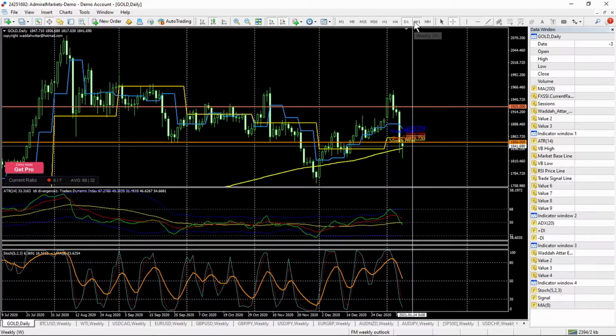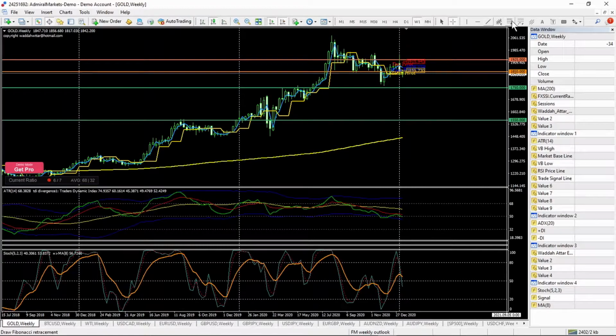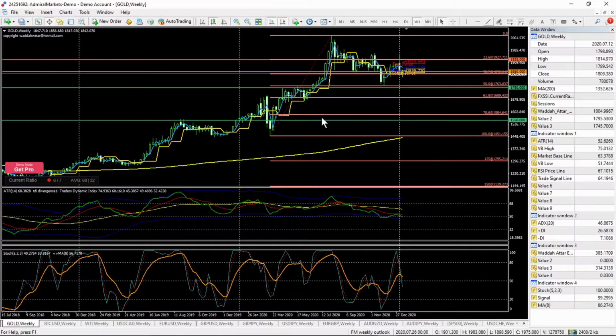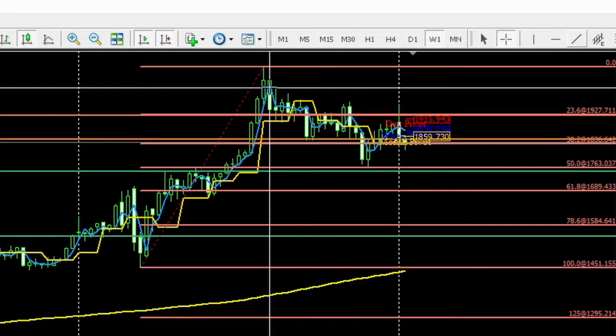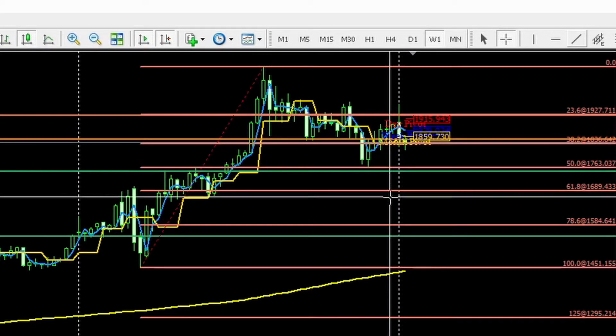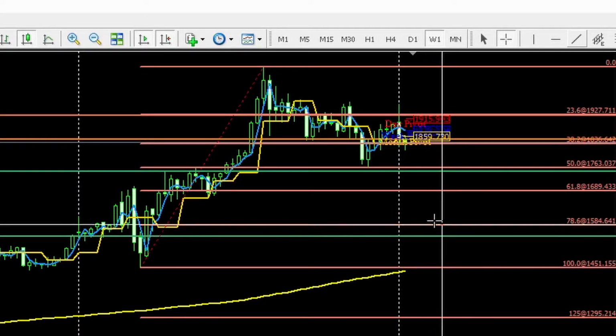I also wanted to do this. Let's see how far, as Fibonacci goes, this might fall. Okay, so the price action here fell to about the 50, and so the next levels are the 61 and then the 78.